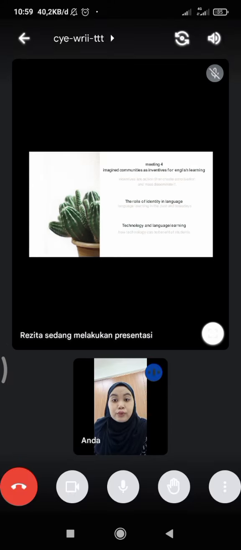So the second one is the role of identity in language. It's about language learning in the past and nowadays. This describes the needs of language learning in ancient times and today as a second language. In the past, language was used for research or for analysis.